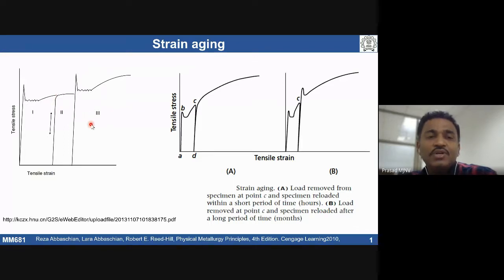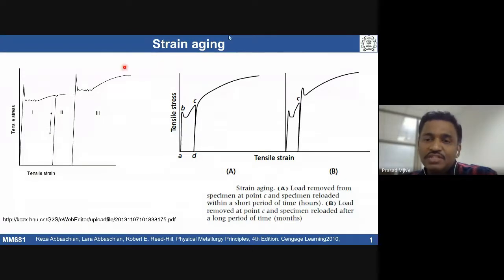During the holding time, which is called aging, dislocations again start to interact with solutes, and there is an increase in strength; the yield stress rises. This is typically called static strain aging. Deform the material, hold it for a while, then unload and deform it again, and we see reappearance of the yield point phenomenon.